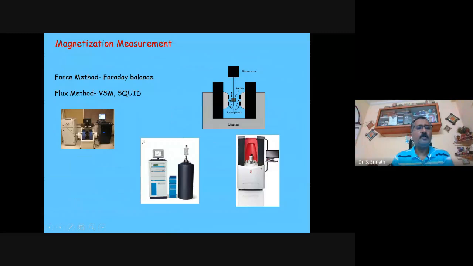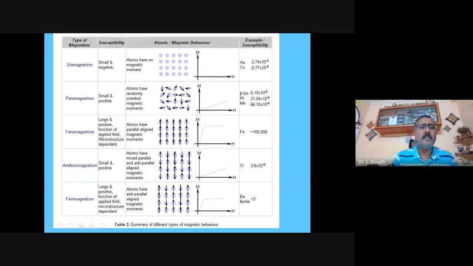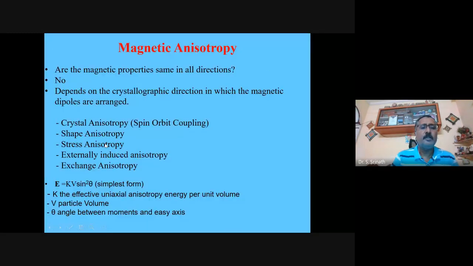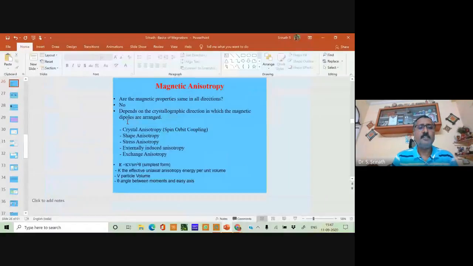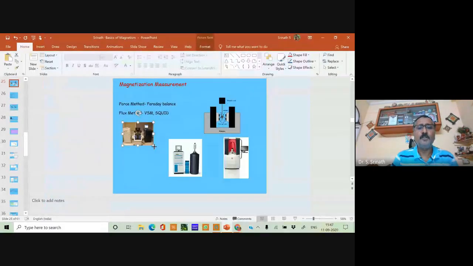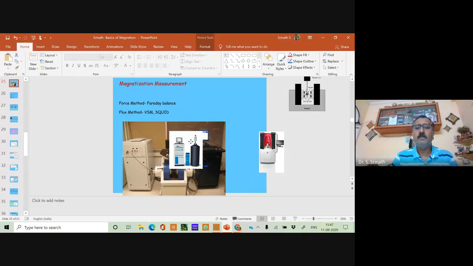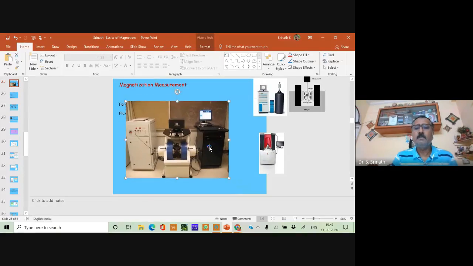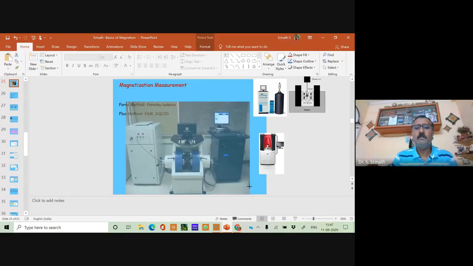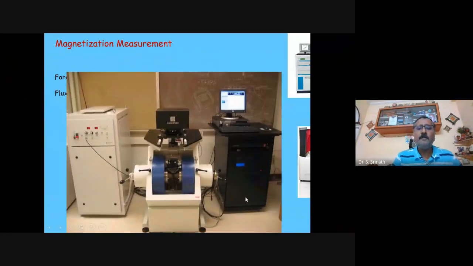Okay, actually this is not a good picture. You see here, can I zoom it? One second, I will try to zoom this picture. You see this?